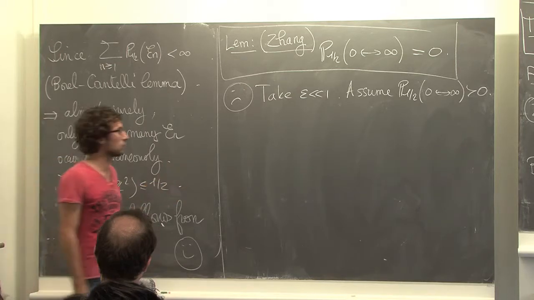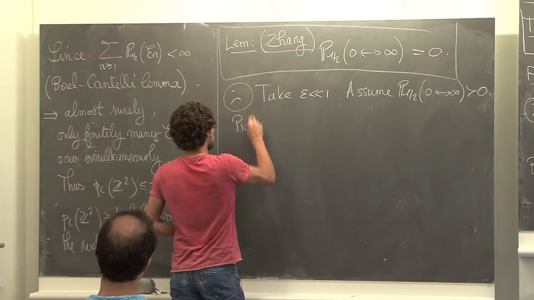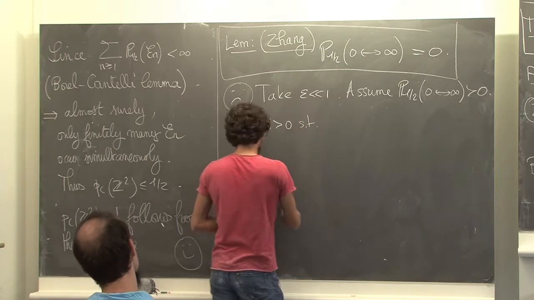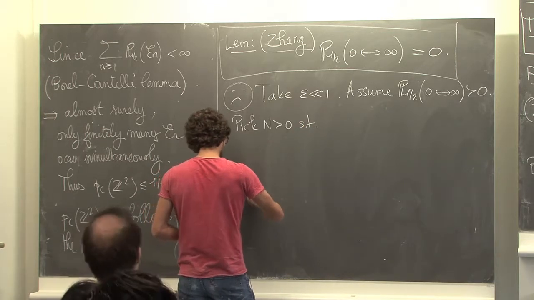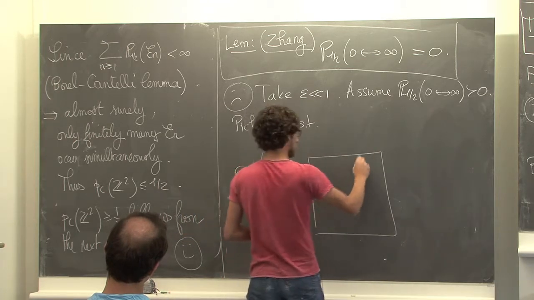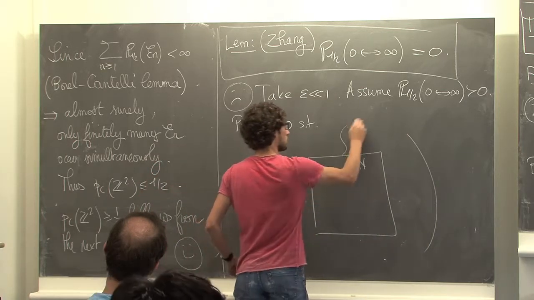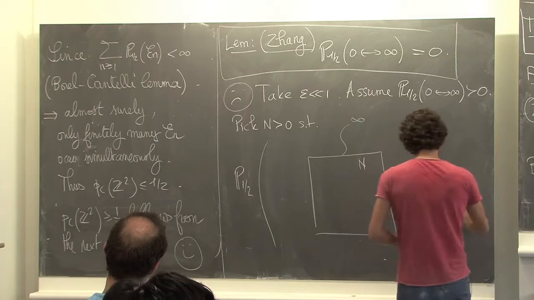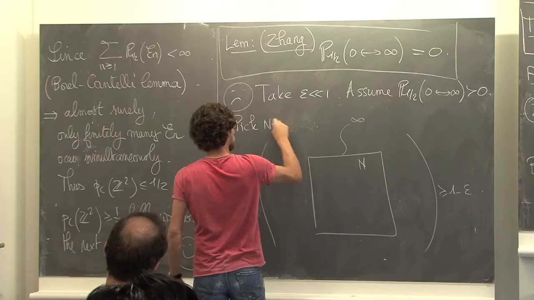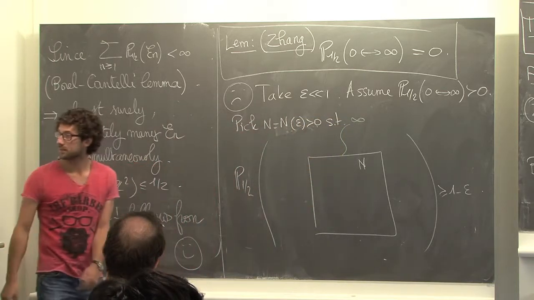The one connected to 0 is going to exist with positive probability. So pick N strictly positive such that the probability at a half that the box of size N is connected to infinity is larger than 1 minus epsilon. So pick N, it depends on epsilon, so that I have that.